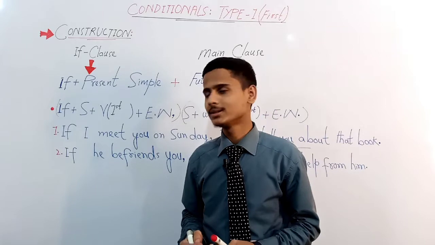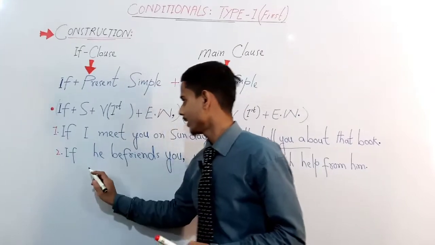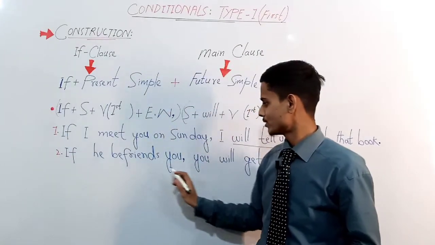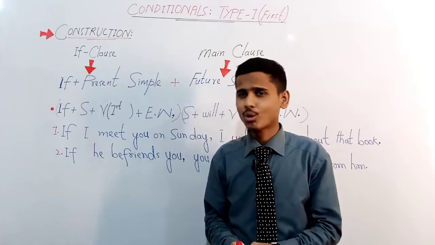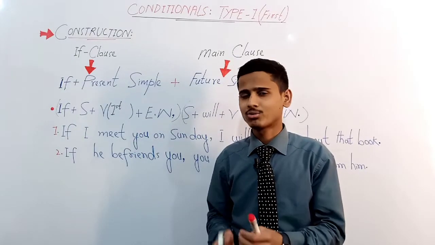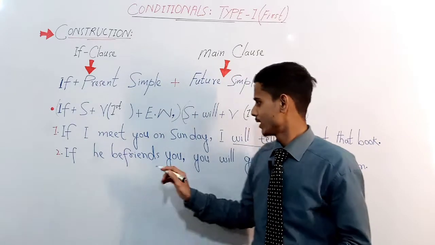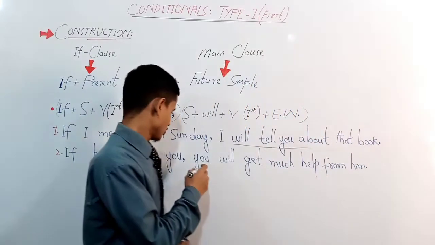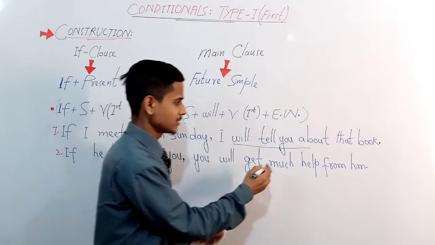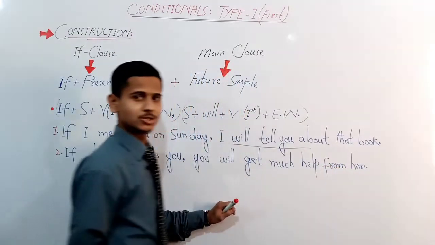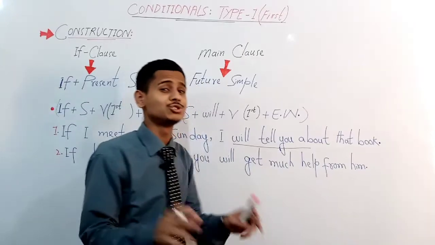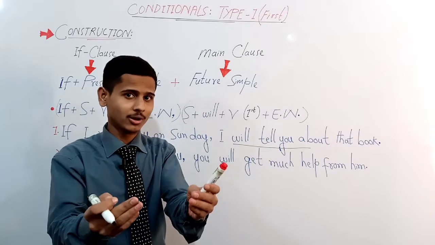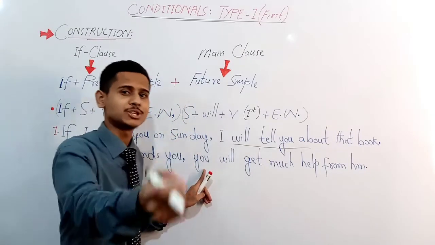Now moving to the next example: if he befriends you, if he treats you in a very friendly way, or if he tries to get close to you, you will get much help from him. There is your betterment, your welfare in his befriending you.